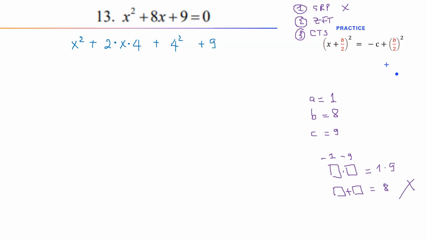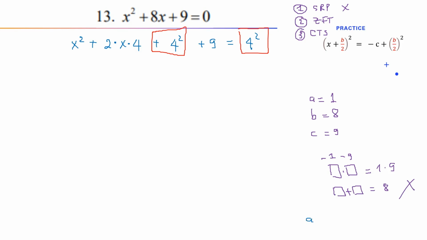Add 9 equals 4 squared. Because I add 4 squared on this side, I have to add 4 squared on the other side, right?